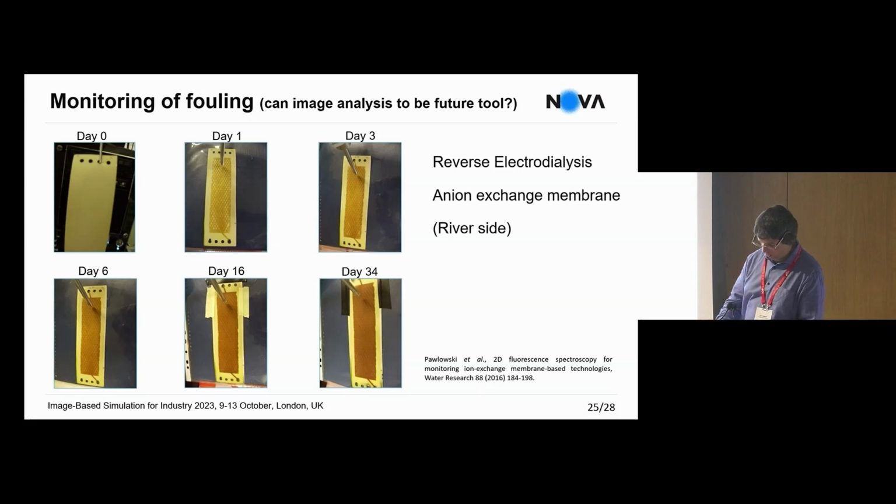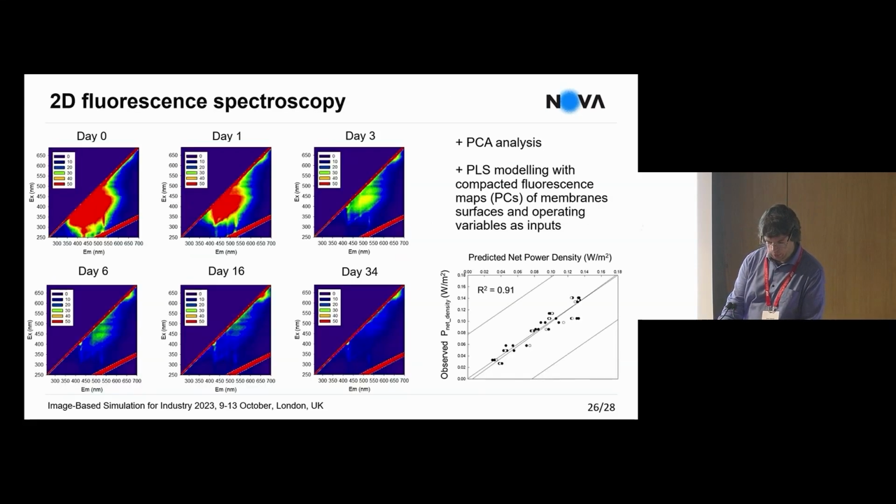So far, what we are doing is to use the spectrophotometric method. By 2D fluorescence spectroscopy, basically we acquired the spectra of the membrane surface, and you can see that they change over time. As the membrane was getting fouled, the spectra also changed. So this is very complex information, because basically it's around 4,000 excitation emission pairs.